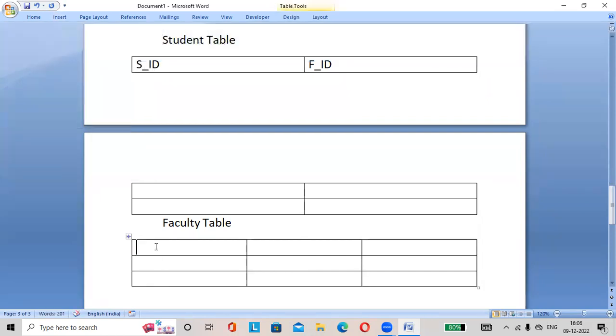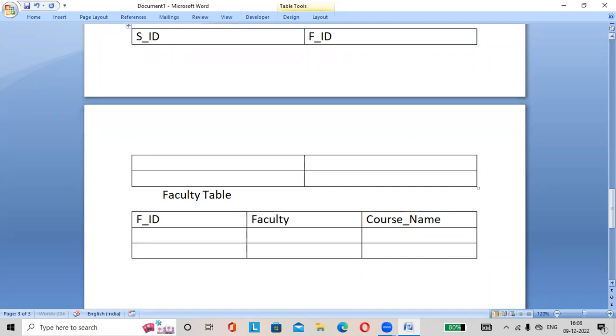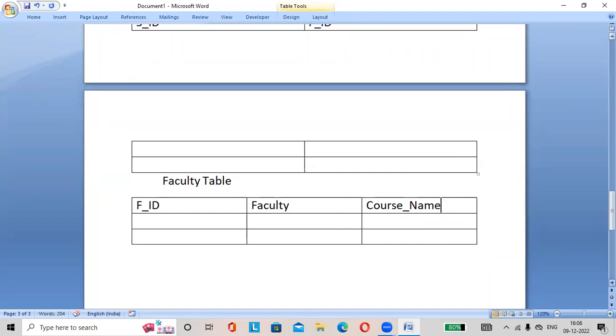Here: faculty ID, course name. So by breaking this table we can easily find the data. Now the table is converted into BCNF.